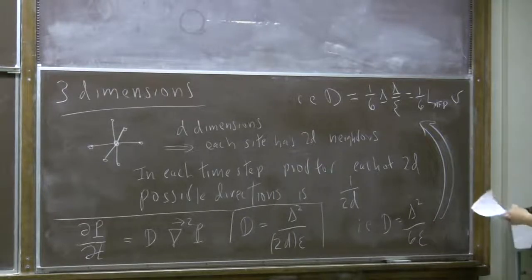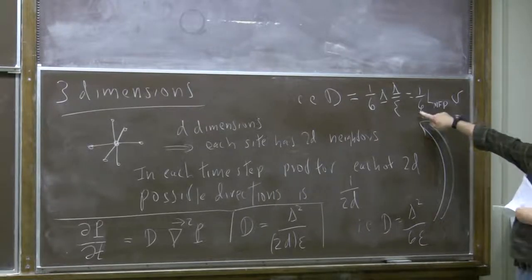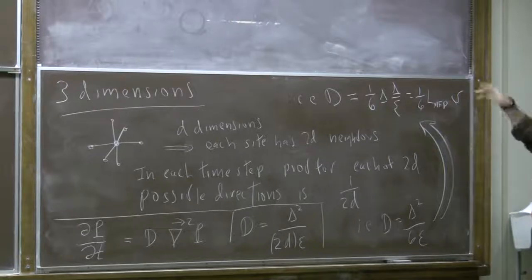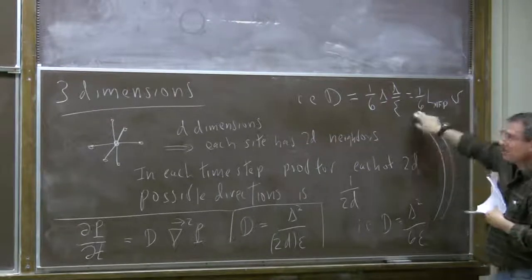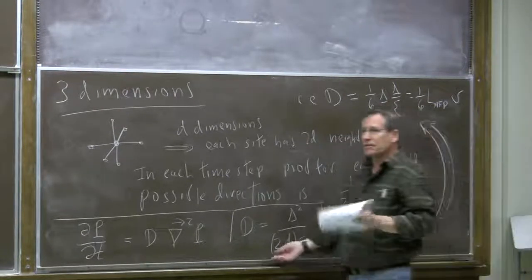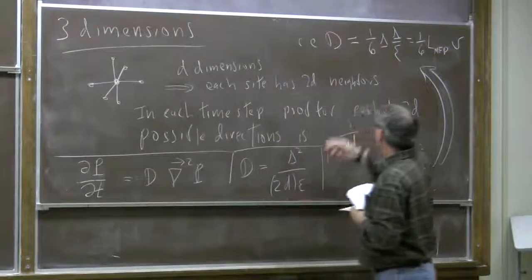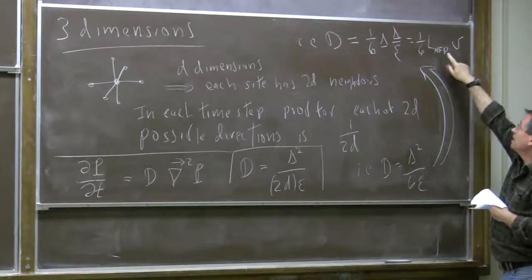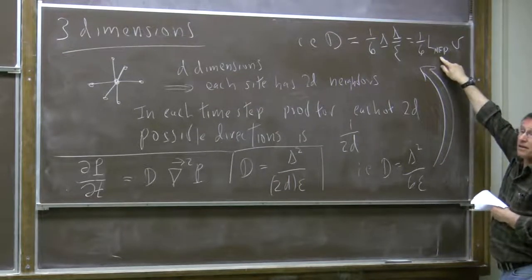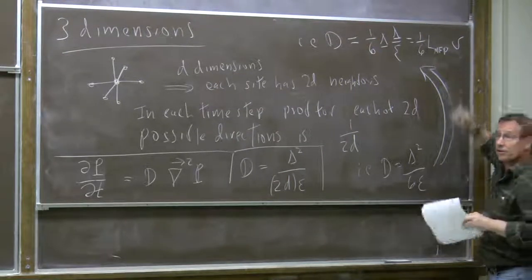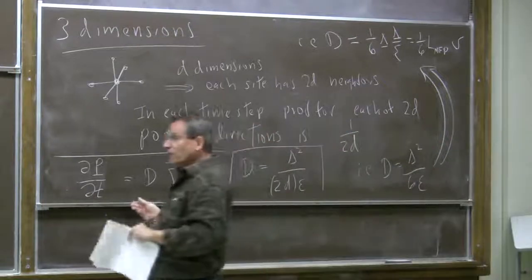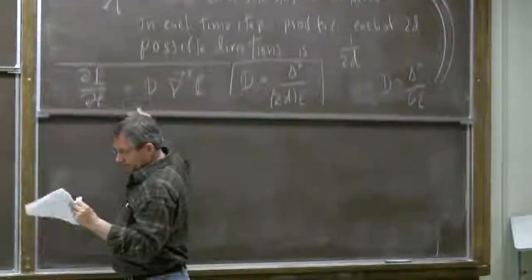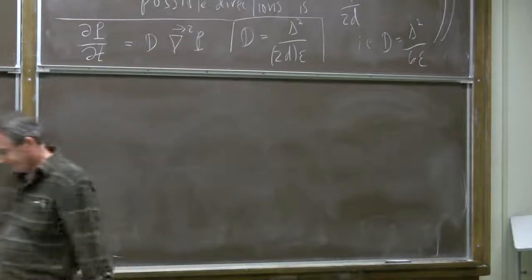And actually in the book they write down a similar formula but with a 1/3 instead of a 1/6, but don't worry about it. We're both using kind of crude models and they're slightly different. The important thing is that the diffusion constant, like we found in the one-dimensional model, scales like a mean free path times the speed of the molecules. And that determines how quickly probability distributions spread out.